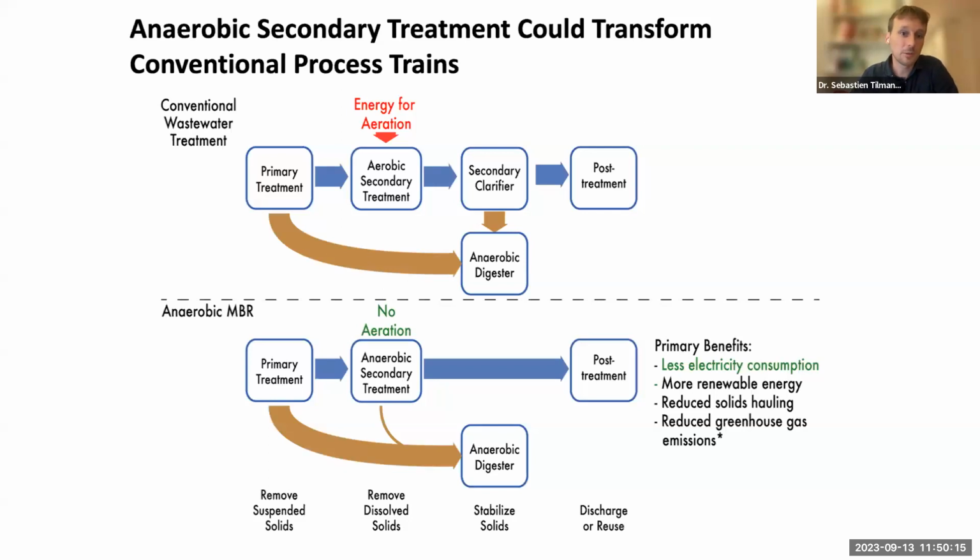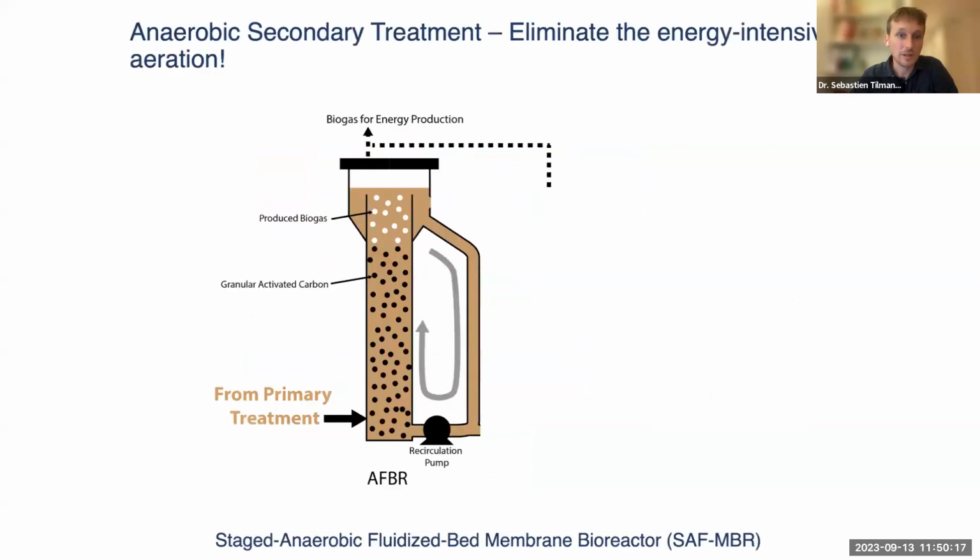What does the system that we use look like? It's called the Staged Anaerobic Fluidized Bed Membrane Bioreactor, or SAF-MBR is the acronym. It's a two-stage process. The first stage is what you see here on the left. This is called a fluidized bed reactor, anaerobic fluidized bed reactor. It's a vertical tank where we use granular activated carbon inside this reactor, which people are usually familiar with as something that you can see in a Brita filter in your home refrigerator used for water treatment.